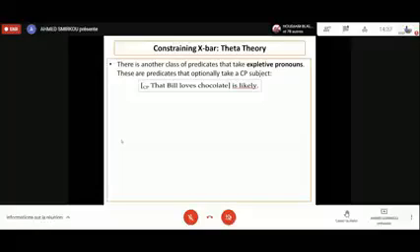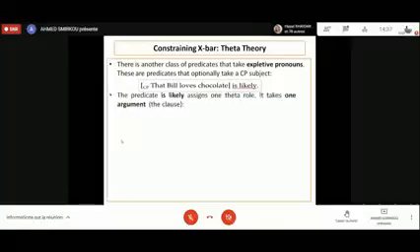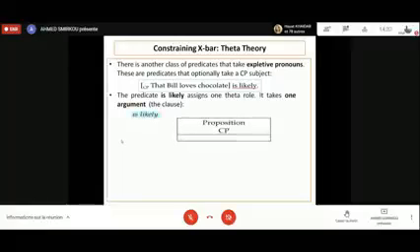It's not the subject. Okay, so the predicate is likely assigns one theta role. It takes one argument, which is the clause. Okay, proposition. Proposition, for the time being, refers to CP. Whenever you have CP, it's proposition. So is likely requires one proposition.